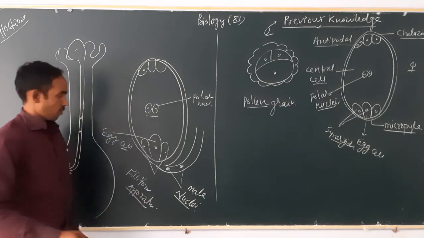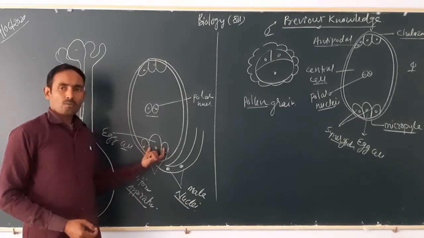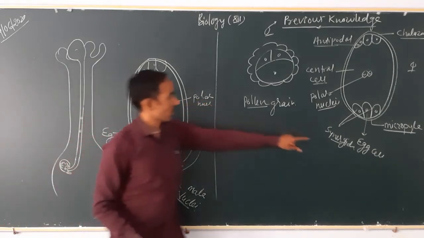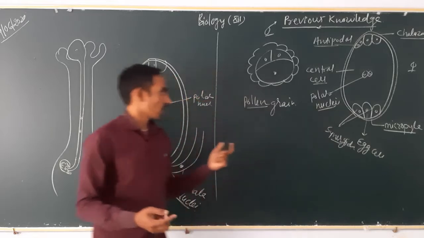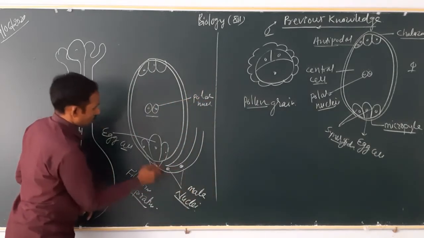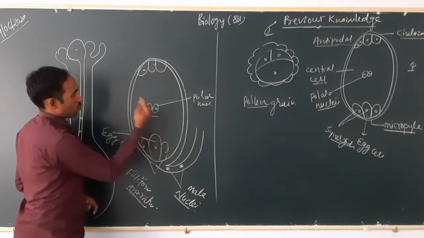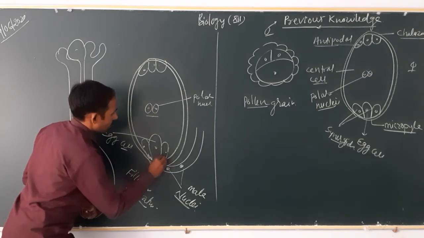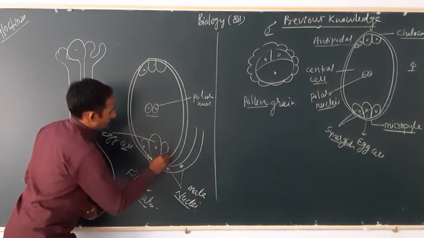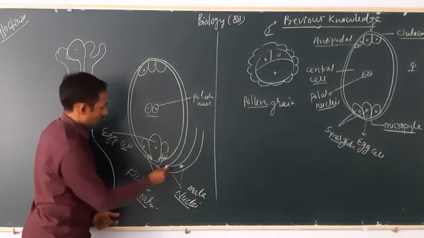So what is the filiform apparatus? These two cells which you are seeing are called synergids. They don't have much role in reproduction, but they guide these two male gametes towards the egg cell and towards the polar nuclei. After some time these cells become the pathway.